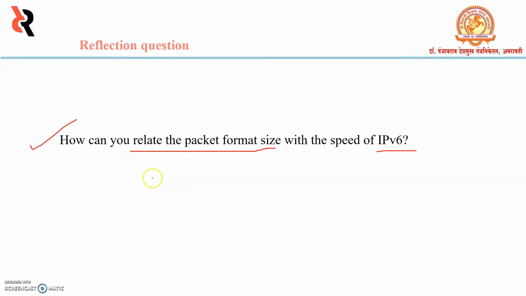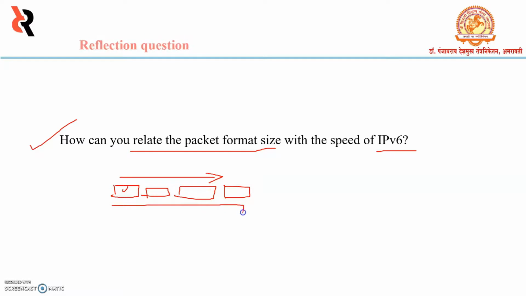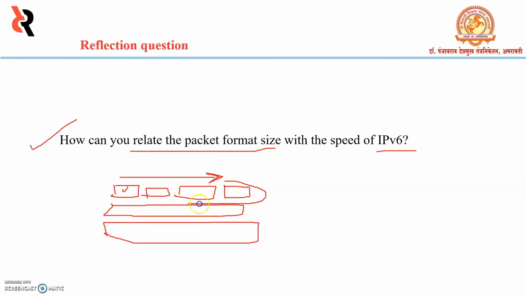Because we know that data in the fields can be transmitted in this fashion only. Though there are different fields, for example the version, then type, then other options, they can be transmitted in this direction only, serially.